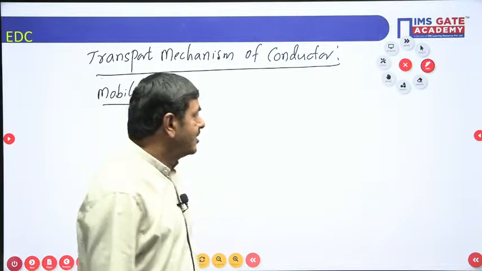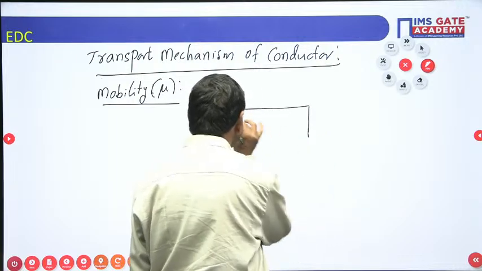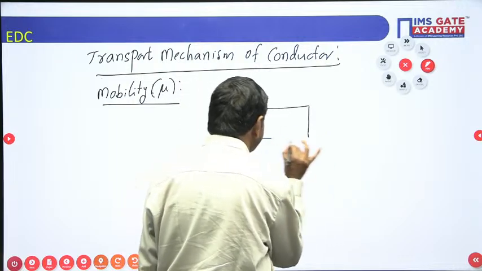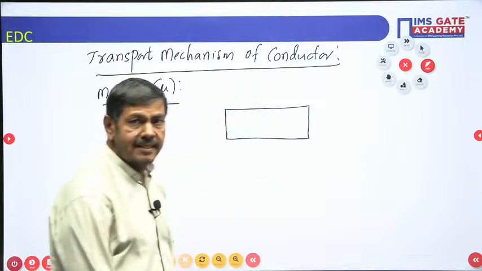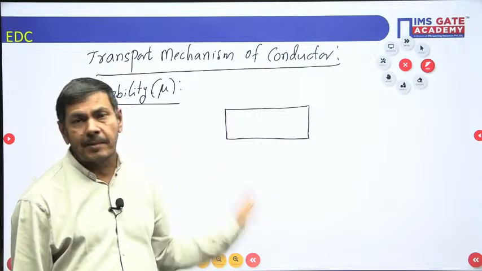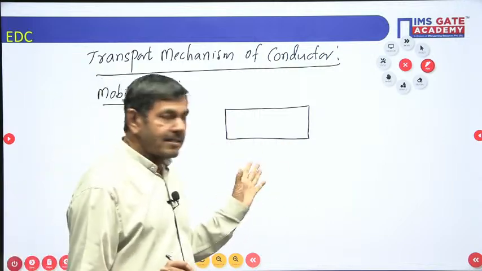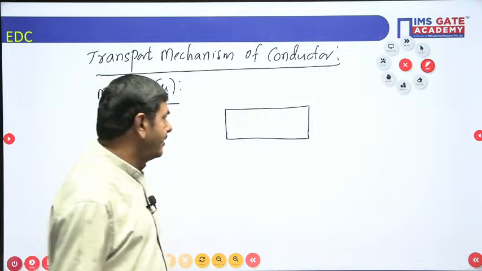So I selected one metal, a conductor. This conductor is not connected to any external supply. It is an unbiased conductor.